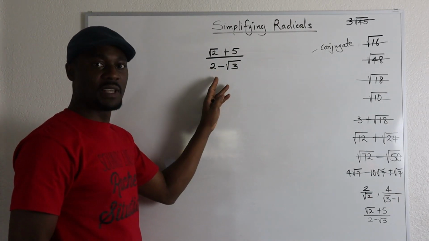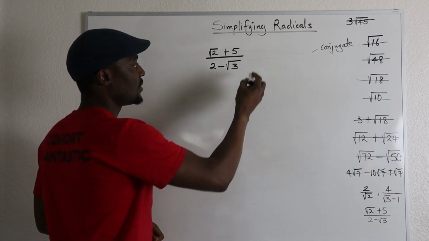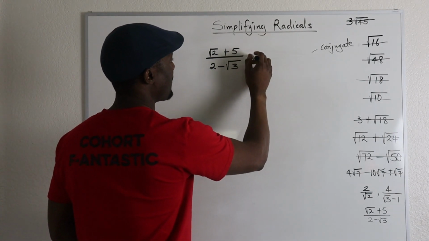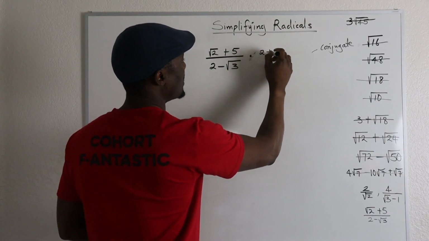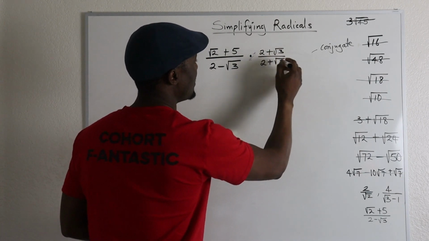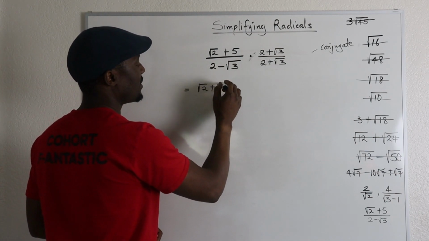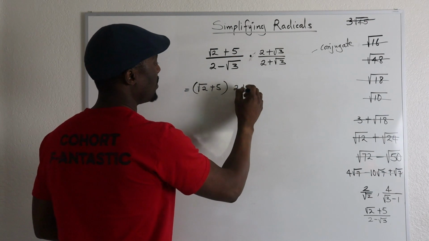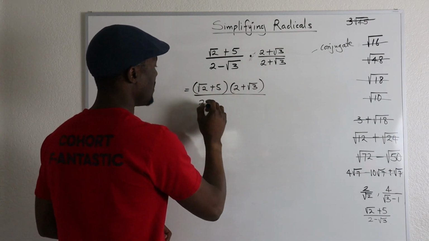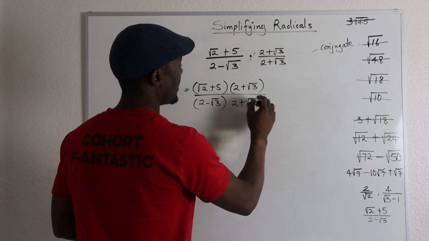The conjugate is just the same expression, but now this negative becomes positive. So we're multiplying by 2 plus rad 3 over 2 plus rad 3. And then we multiply out: rad 2 plus 5 times 2 plus rad 3, over 2 minus rad 3 times 2 plus rad 3.